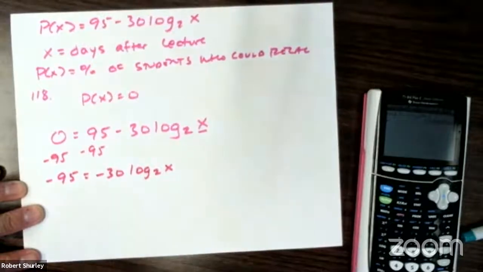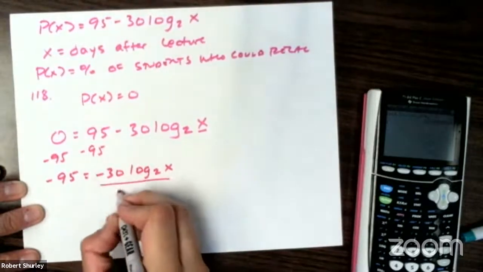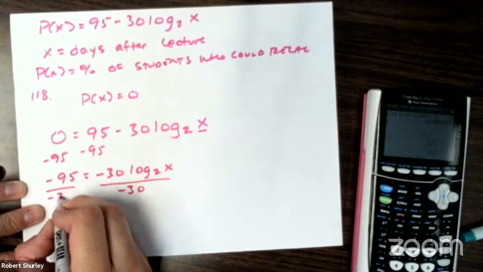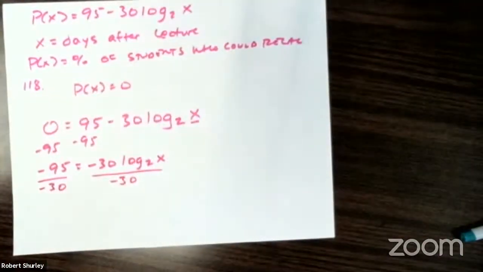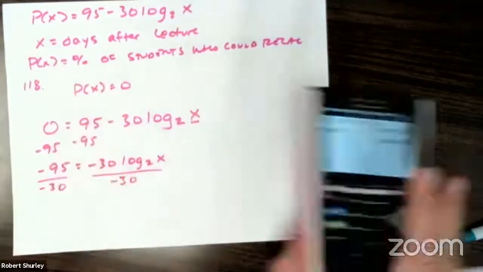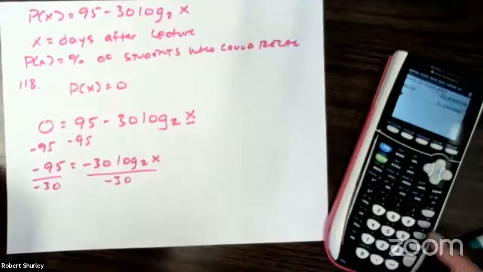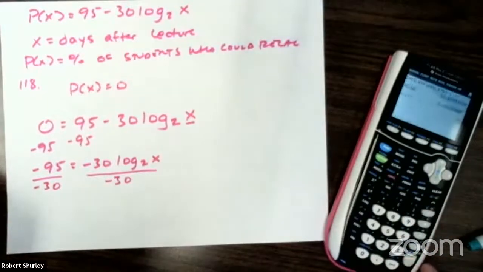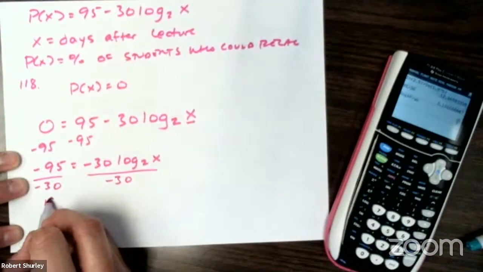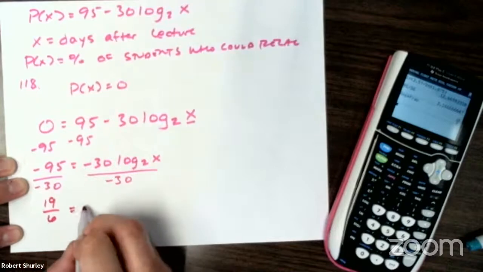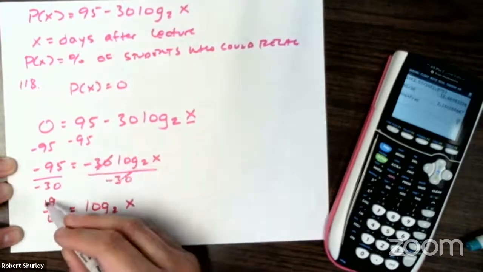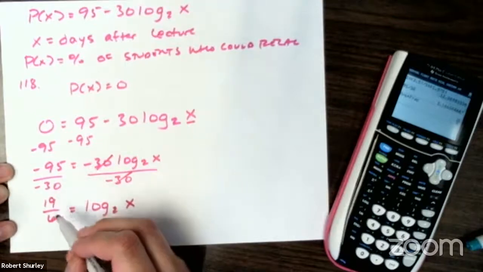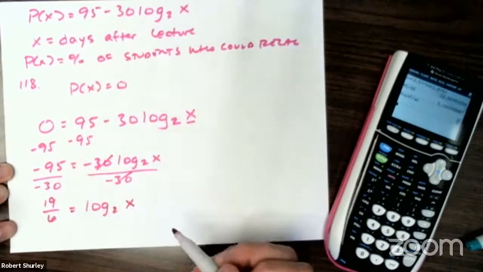And then I'm going to divide by negative 30. Let's see what 95 divided by 30 is. It's not a nice number. It's 3.16 repeating, so I'm going to simplify it as a fraction. It's 19 over 6. Equals log base 2 of x, because this canceled. So 95 over 30 is just 19 over 6.